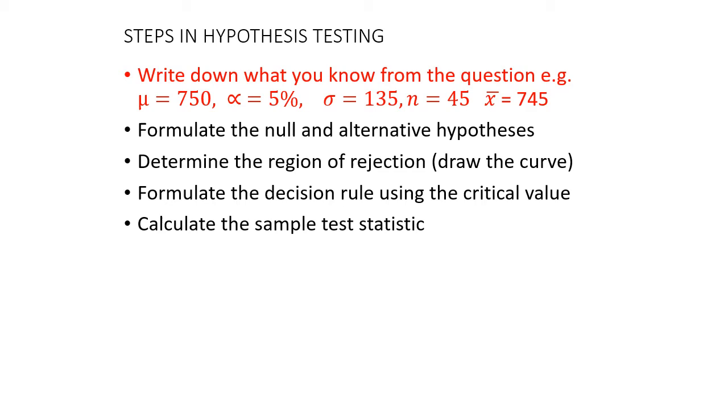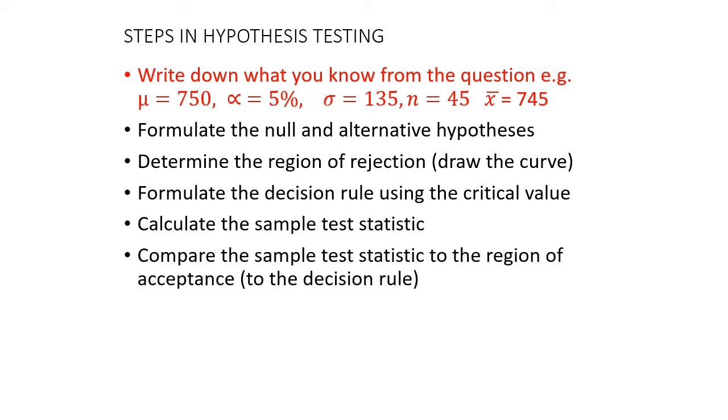That can be the Z calc or the T calc or the chi-squared calc. Okay, it just means calculated. Then after that, you compare the sample test statistic to the region of acceptance. Remember your decision rule that you would have made in step number 3.